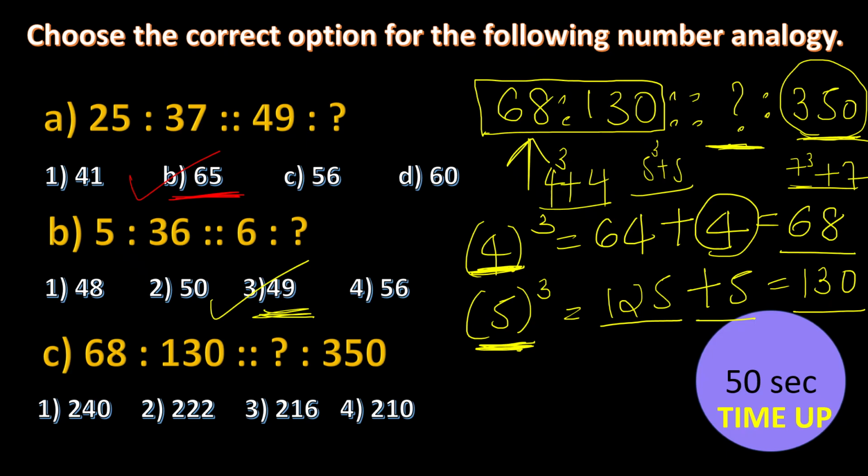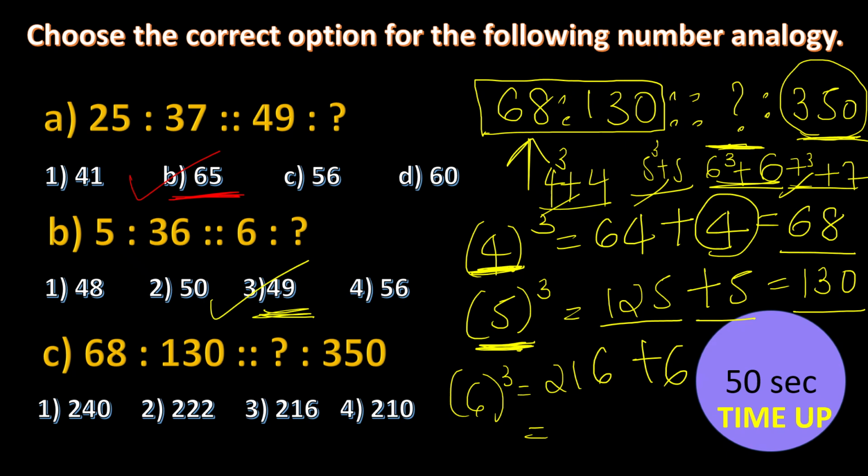My bad, sorry for that, students. So the next one will be what? If this is 4, this is 5, and this is 7, what is in the middle? 6 cube. So 6 cube plus 6, the same number you need to add. 6 cube is 216, plus 6 you'll get 222 as the answer. So the second option is the correct one.